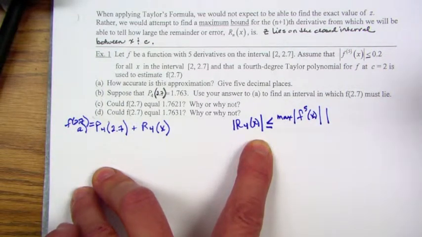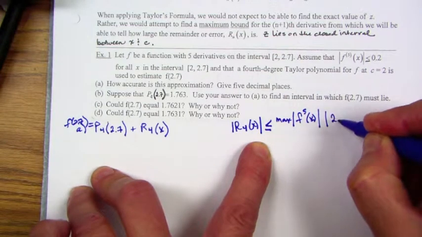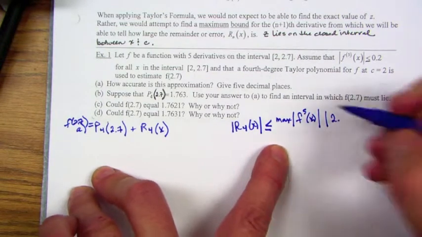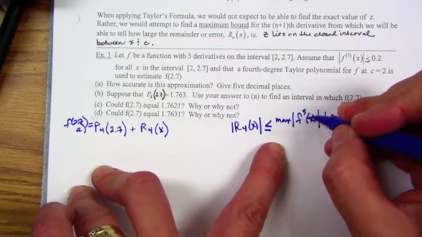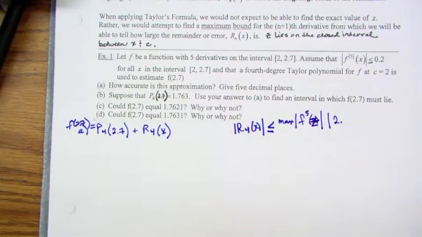What is x in this problem? 2.7. Wait, what, do we need the z? I'm not there yet. Okay. Well, here, you can change that. You can make that a z. So we stick to our formula.